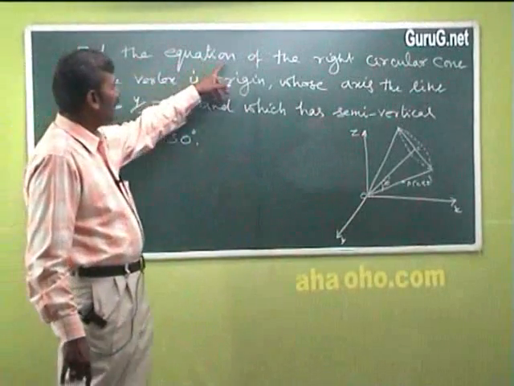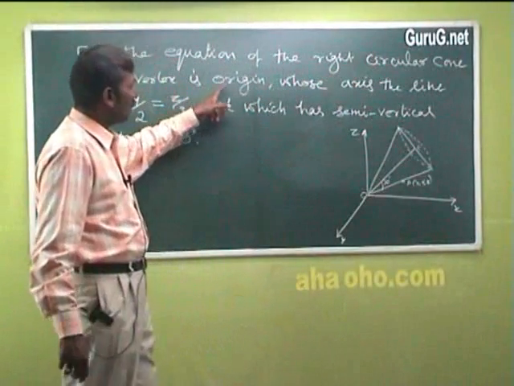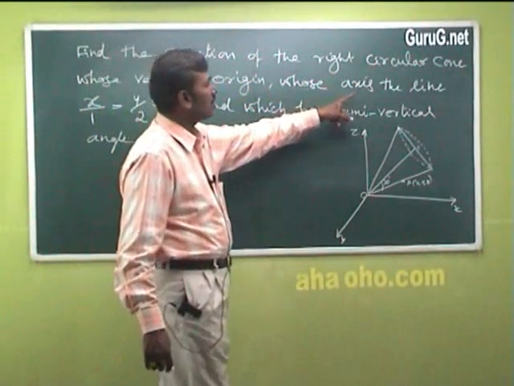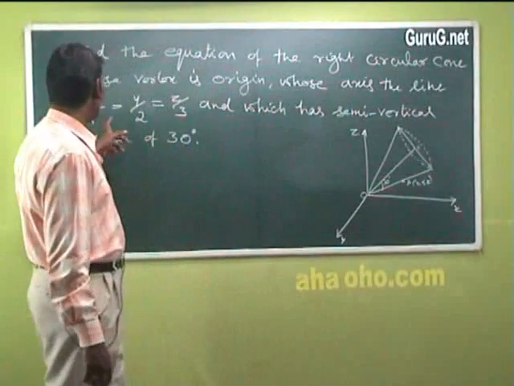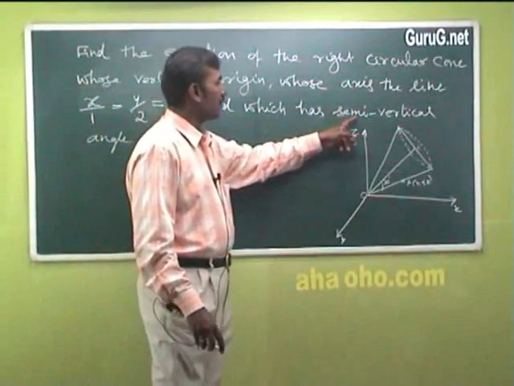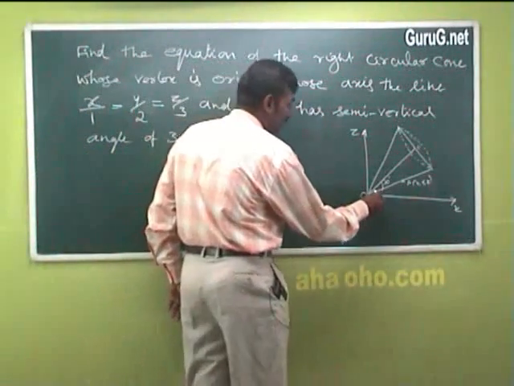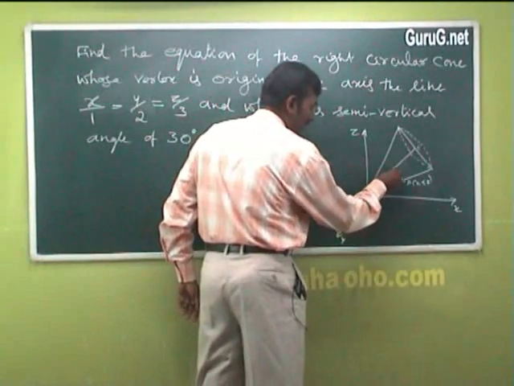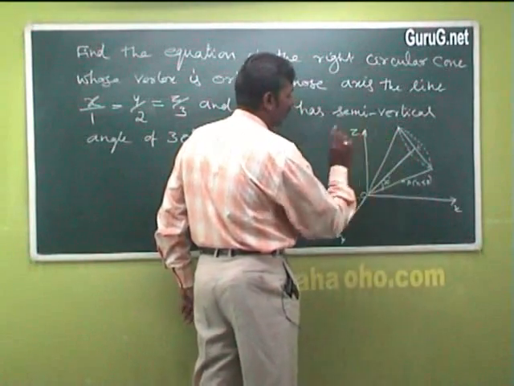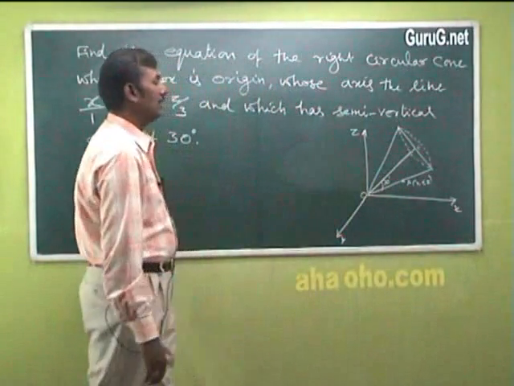The next problem. Find the equation of the right circular cone whose vertex is the origin, whose axis is the line x by 1 equal to y by 2 equal to z by 3, and which has a semi-vertical angle of 30 degree. So this is an axis, right? So this equation is known and it makes an angle 30 degree with the fixed line, right?